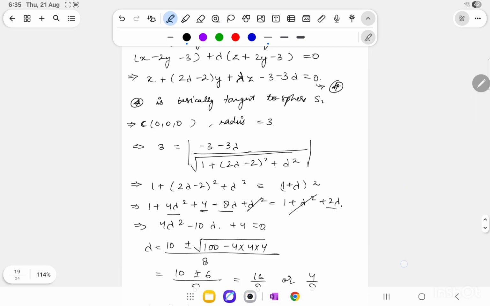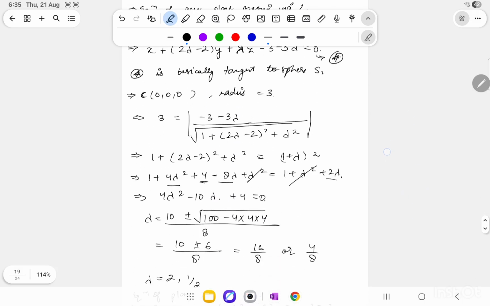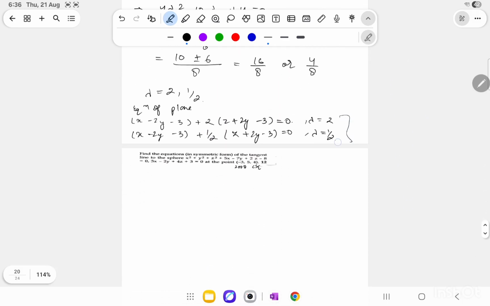So there are two such planes which are tangent to sphere S1, pass through point (3, 0, 3), and are parallel to the given line L1. So these are the required equations of plane.